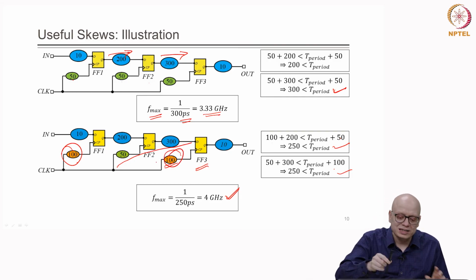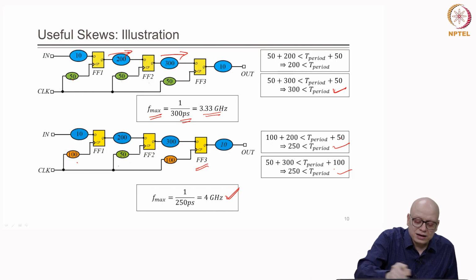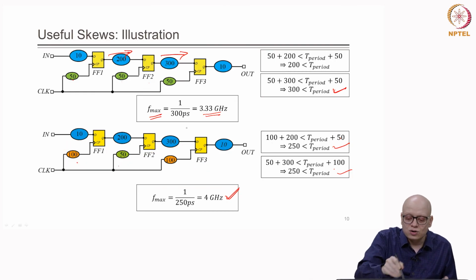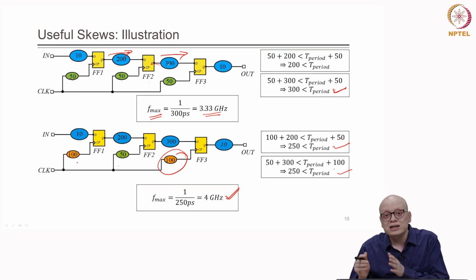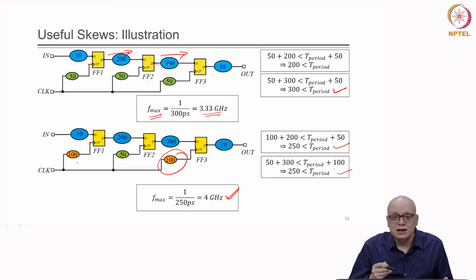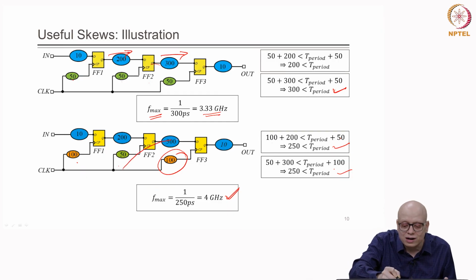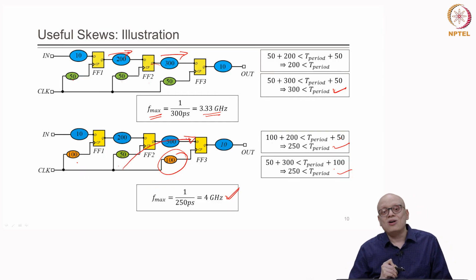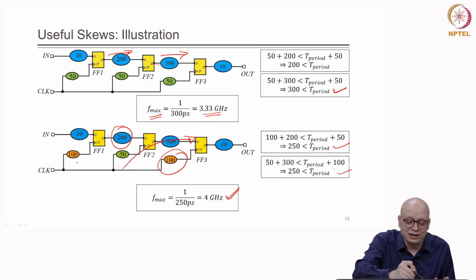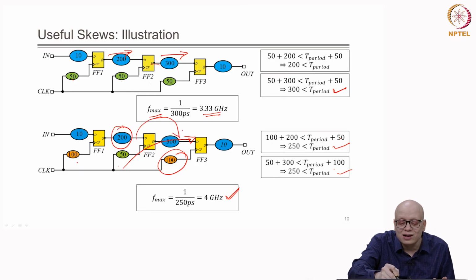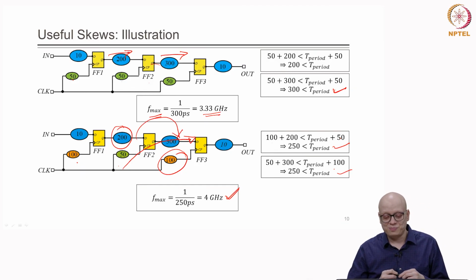By introducing extra delay on the clock path of what was the critical path earlier, we are allowing the clock signal to propagate for a longer duration on the critical path, and the surplus slack which was observed on this side, we are utilizing on the other side of the flip flop.